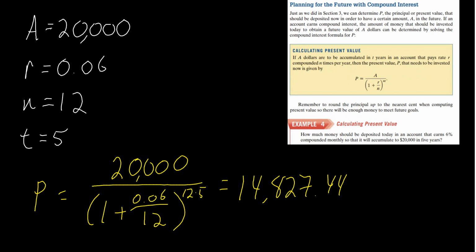Again, to reiterate, if we deposit $14,827, in 5 years we'll have $20,000. So present value flips A and P. We're not doing that again. Instead, we're going back to P being our principal, and A being the amount that we're looking for. So P here is $4,000.